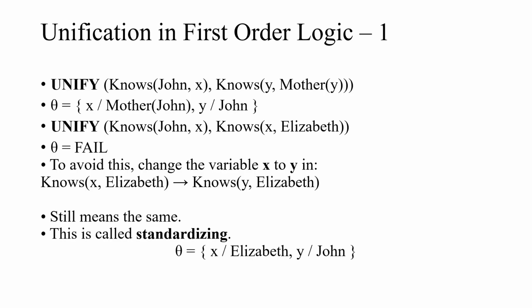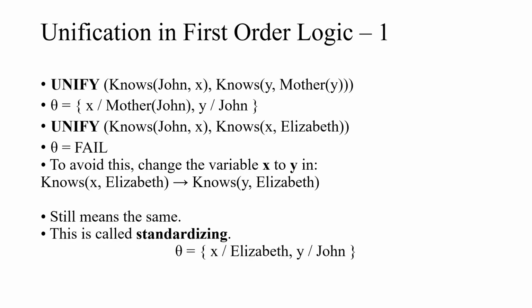The second context is where we have different names but only the same variable. For this we can use the standardizing technique. We can change the variable name, because in the context they have given different names. So we can use a different variable with the help of the standardizing technique, so that x is stored as Elizabeth, and y is stored as John.